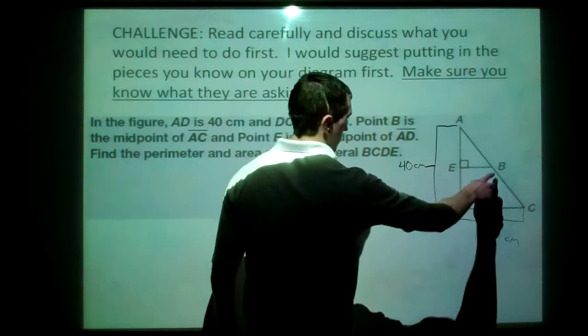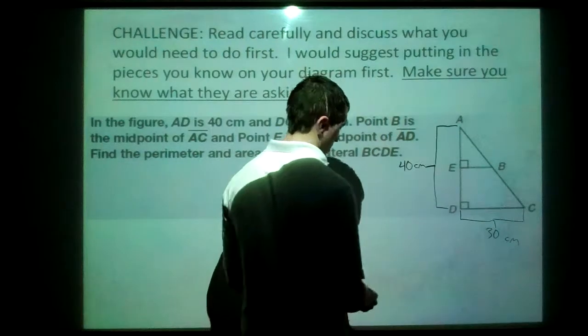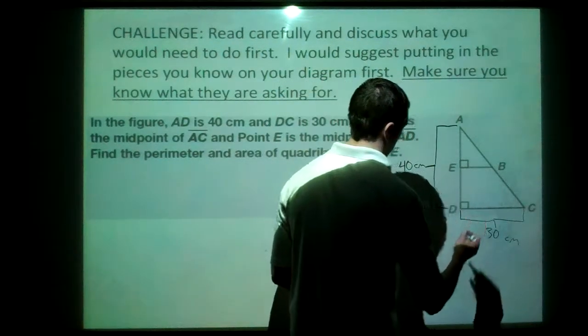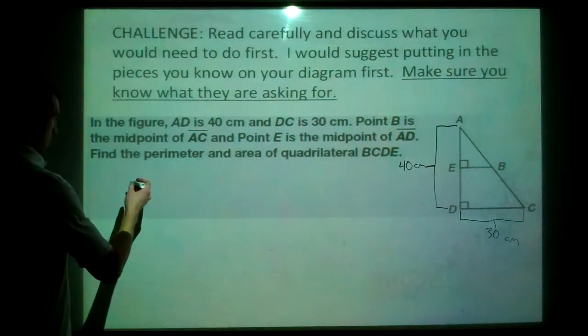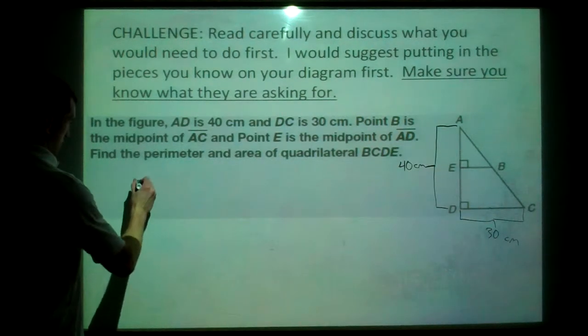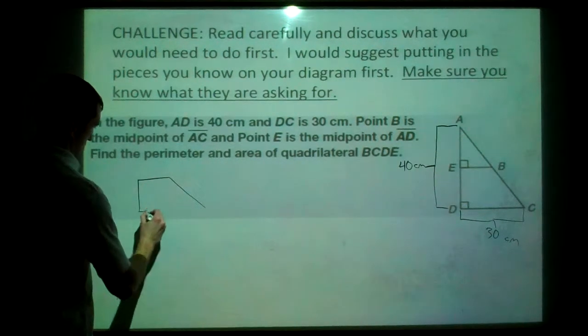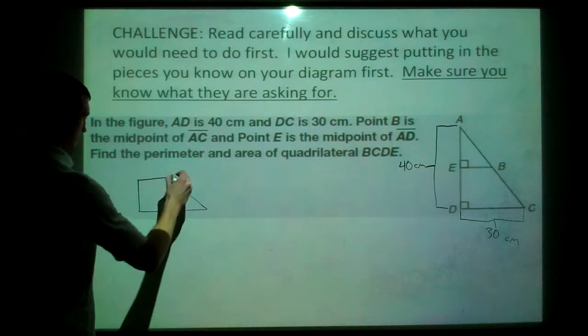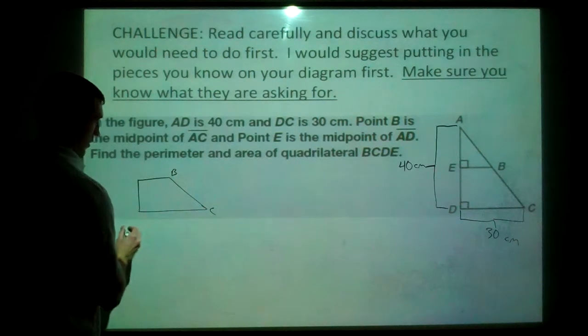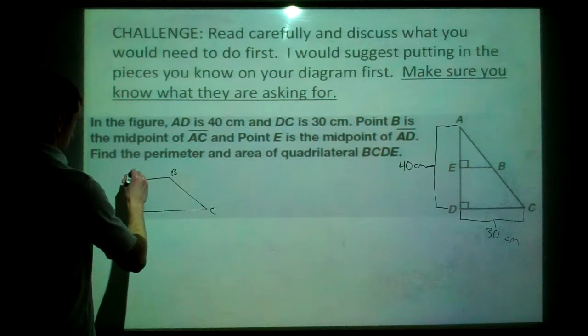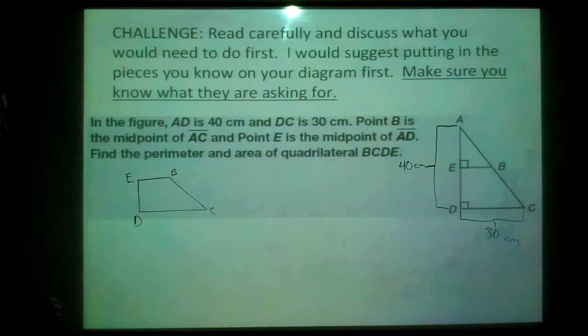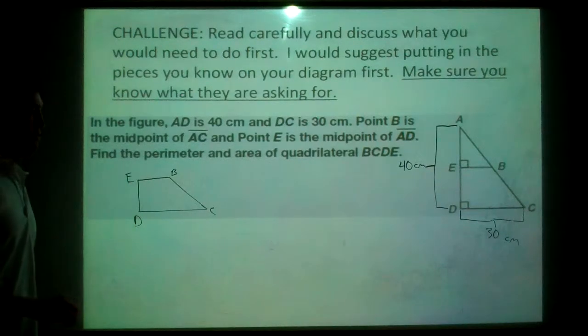So we are actually looking for the area of this thing right here. I didn't draw it perfectly. There it is. We're looking for the area of that and the perimeter.